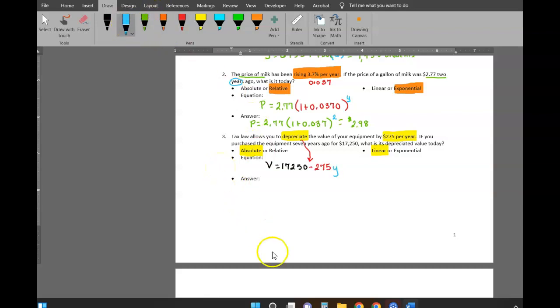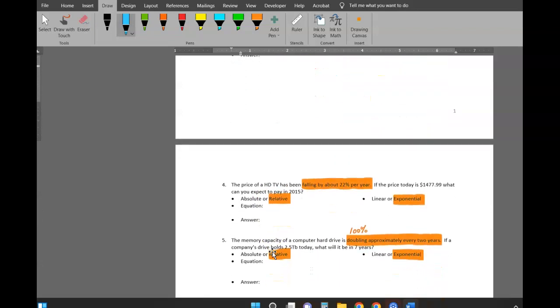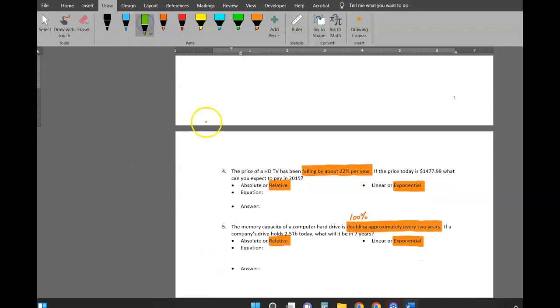So the same thing with number 4. This time we're talking about a price. So the price equals, it's falling by 22%. We know it's exponential.